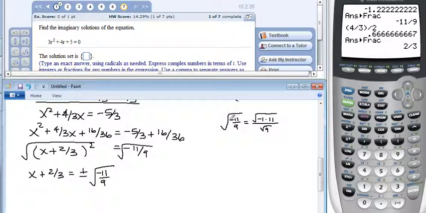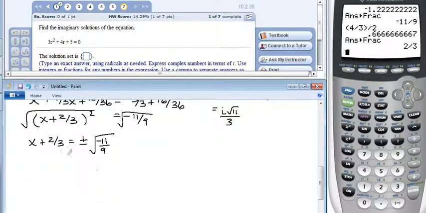Okay, I can split my division and I can also split my multiplication. So that would equal i, roots of 11, that's the i, over 3. Isn't that what that is? I do believe it is. So now we have x plus 2/3 is equal to plus or minus i roots of 11 over 3.